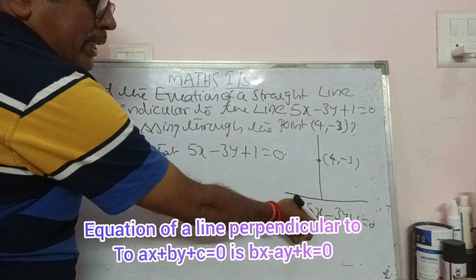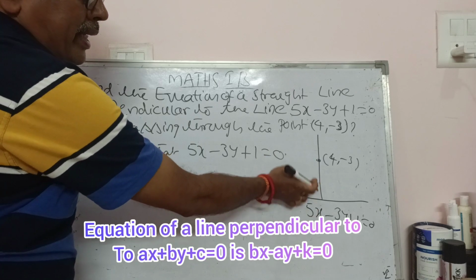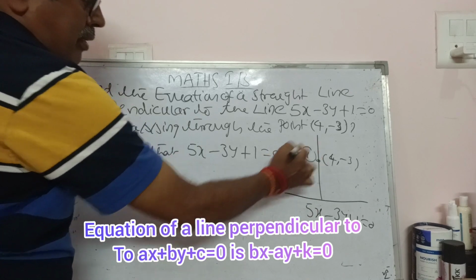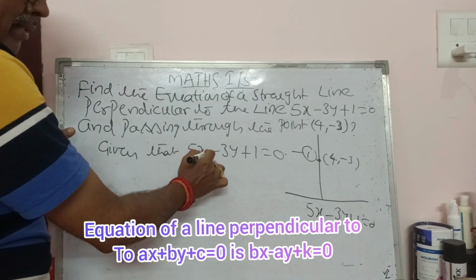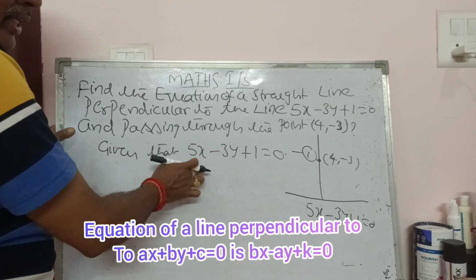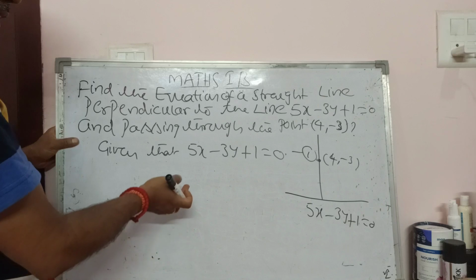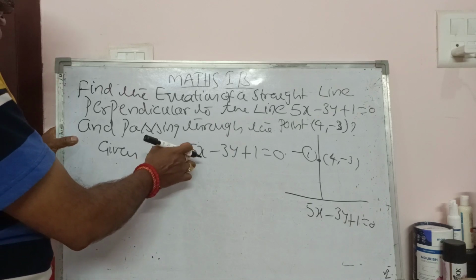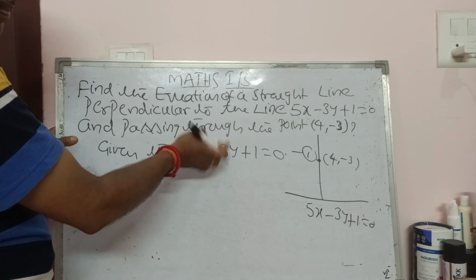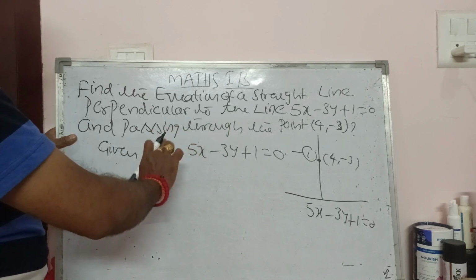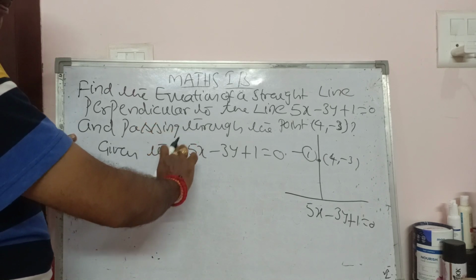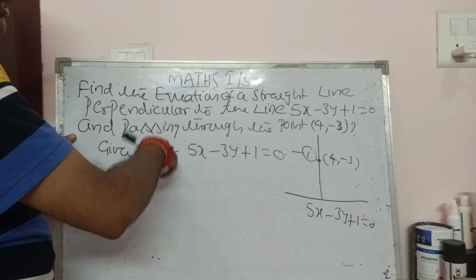So in order to write the perpendicular line equation to the given equation 1, 5x minus 3y plus 1 is equal to 0, perpendicular line equation means this is the line equation which can be obtained by taking the product of slopes which is equal to minus 1.